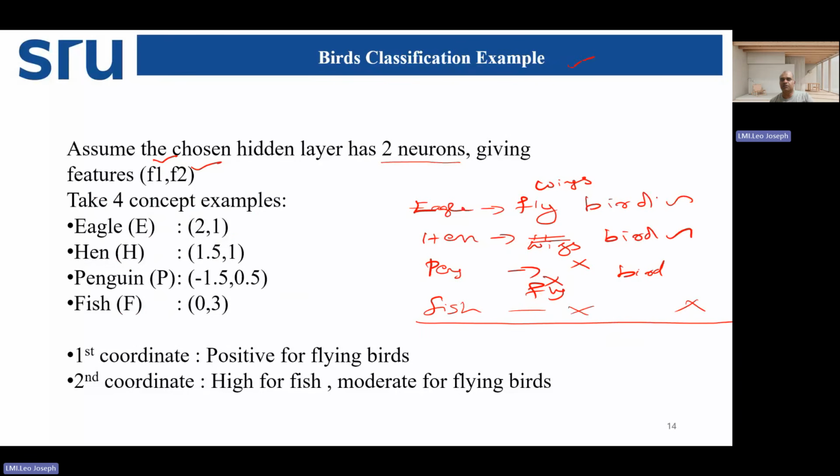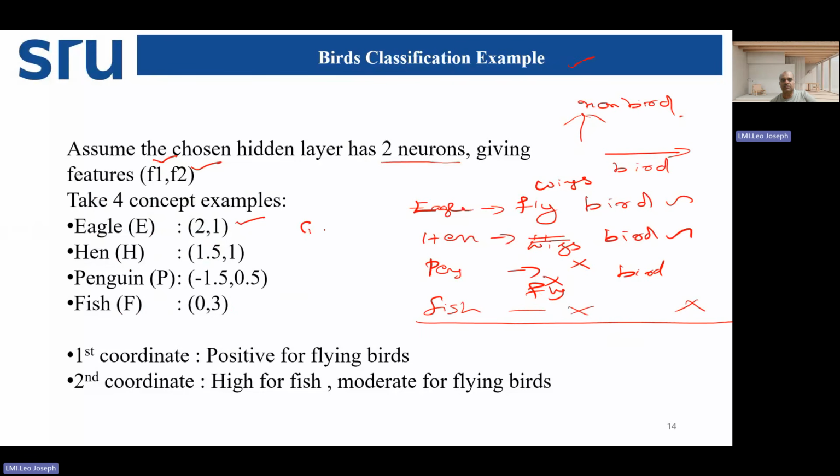So in this, what we are doing is declaring two axes. One is for bird and another one is for non-bird. This is the important thing: two axes I am declaring. For that, the black box model is creating some assumptions, or what we call features. For eagle it is generating 2, 1.